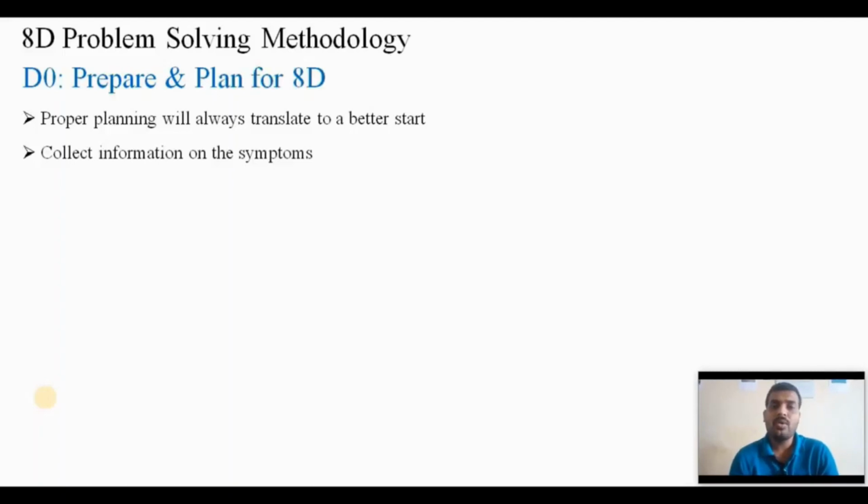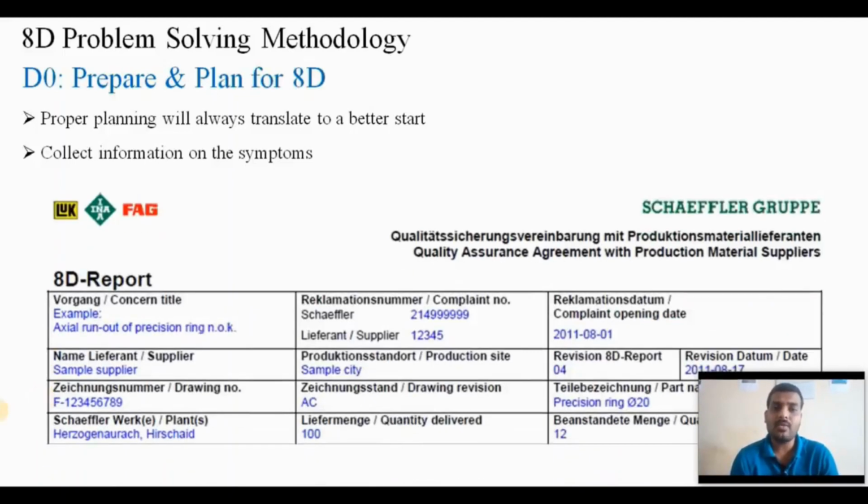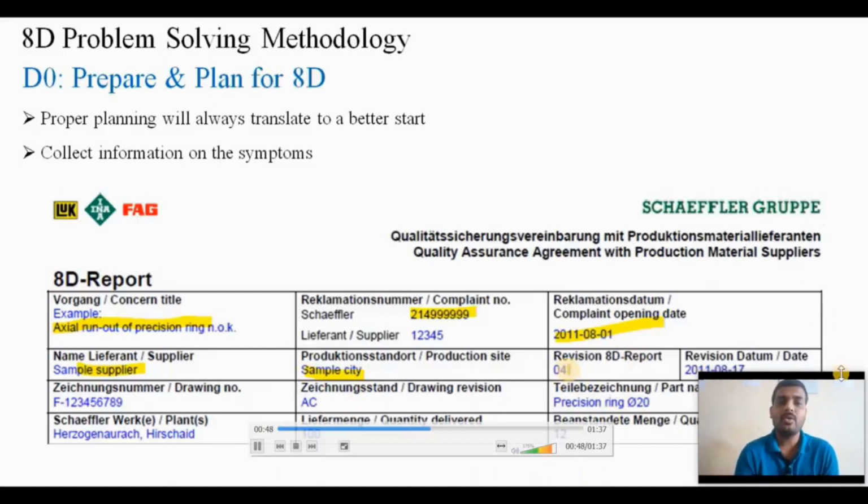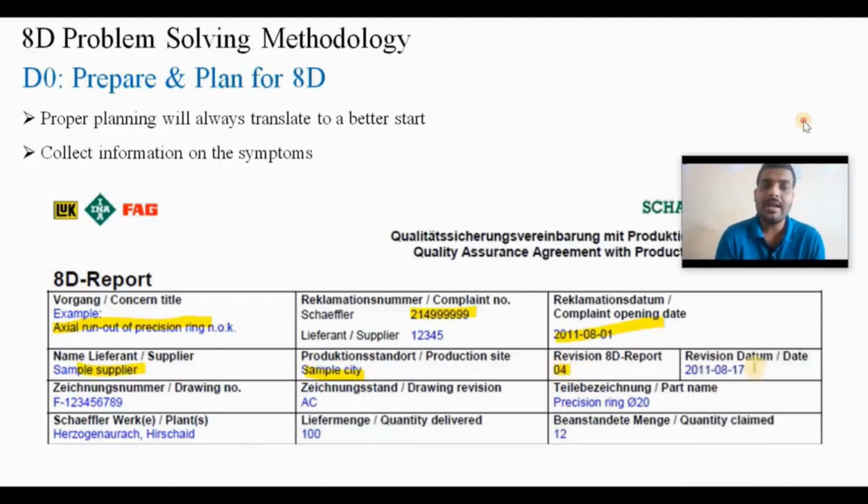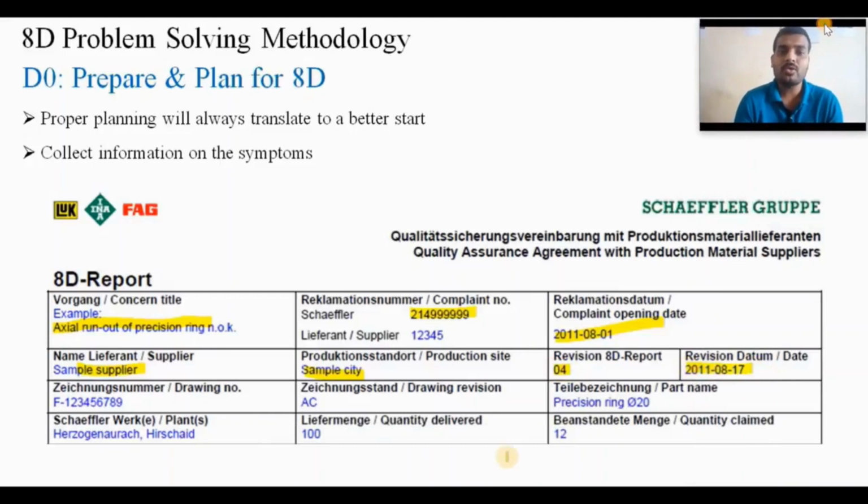Now we will see what details are required from the sample 8D reports. First you need to have the title for the 8D, then the customer complaint number and customer complaint date, then the name of the supplier and the city from which the material is supplied. Then you have to mention the revision date and revision number, as you will have many iterations of the 8D report, so you always have to write the revision number and revision date on each report.